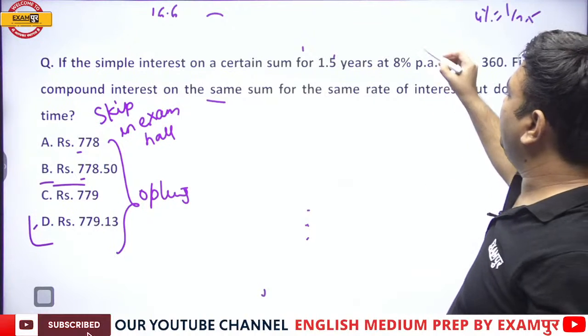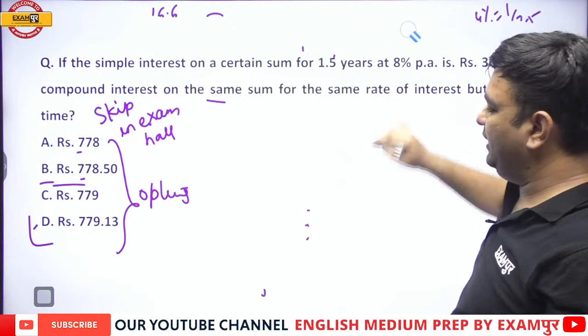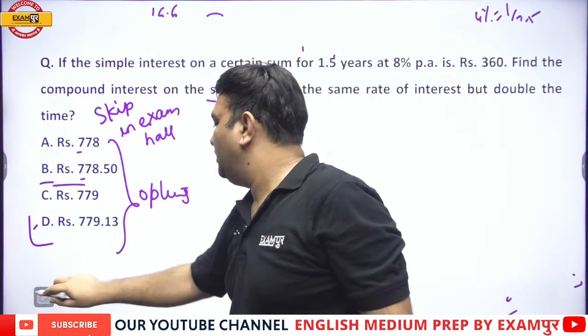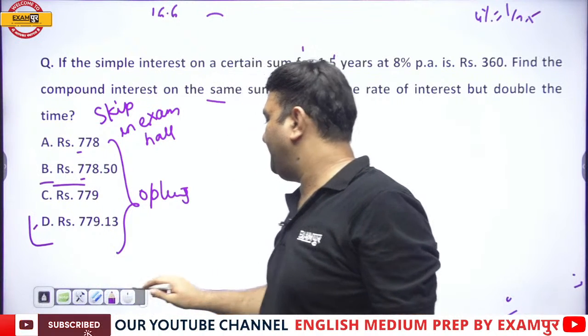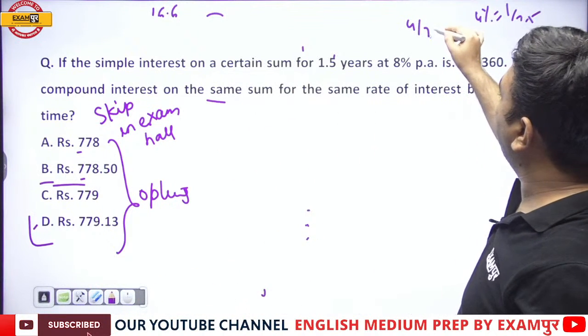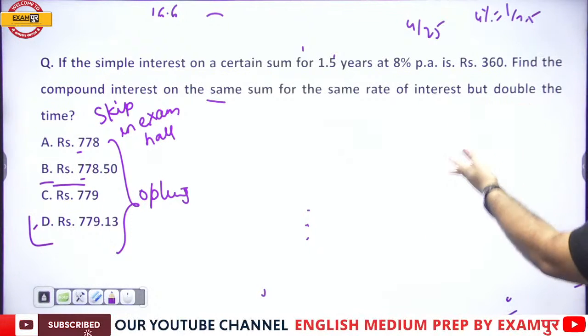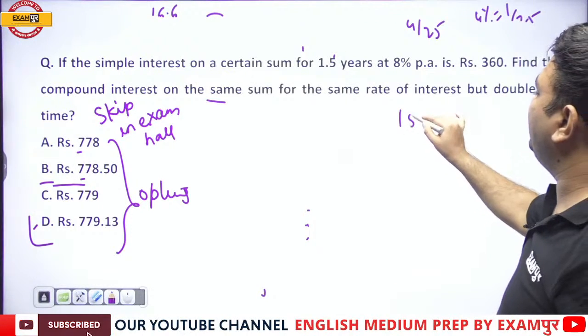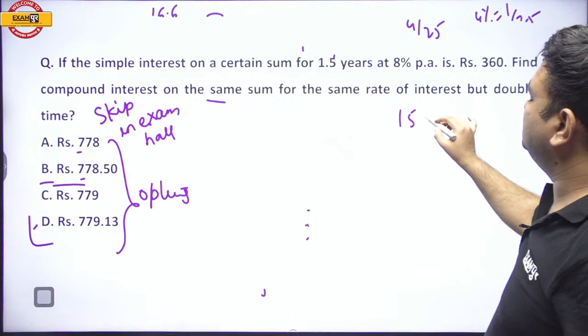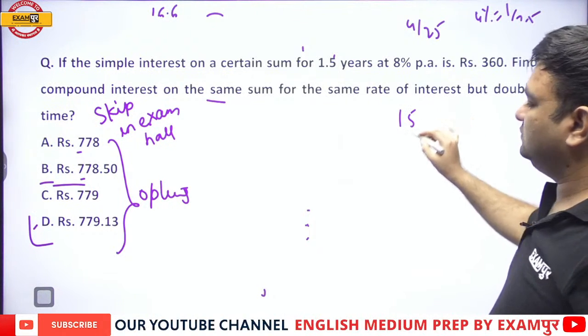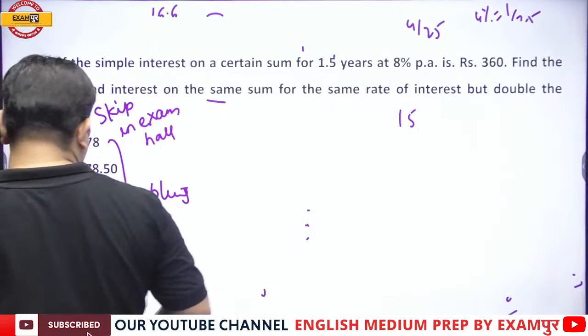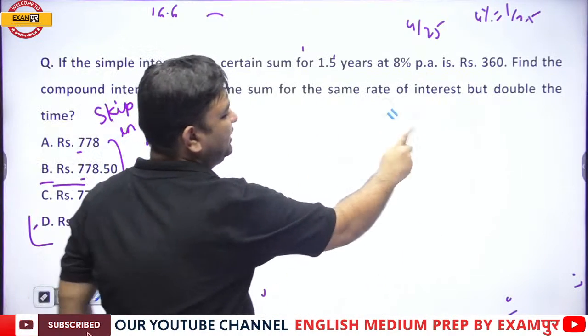However, 8% is 2 by 25. You can go for 3 as well. 4 by 25. Okay, double the time, 3 years. 25 cubed is 15. So you can go for 3 as well, but I'm not going for it as of now.